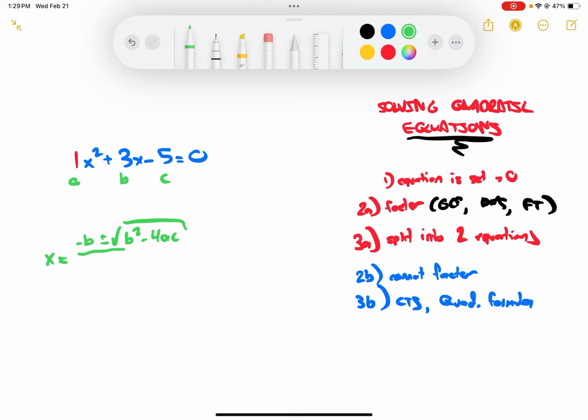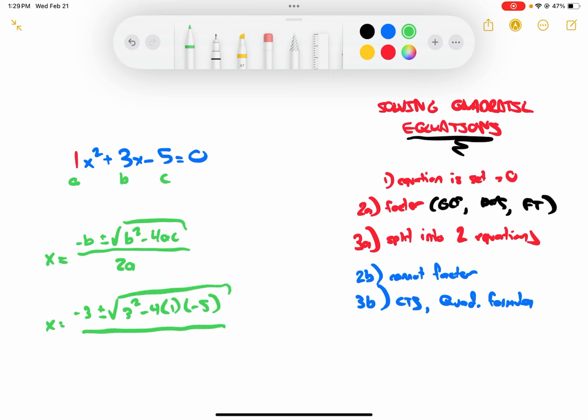Of course, you do not have to memorize any of this. It will be given to you. And then you just fill in your a, b, and c values. So negative 3 plus or minus the square root of 3 squared minus 4ac, over 2a.